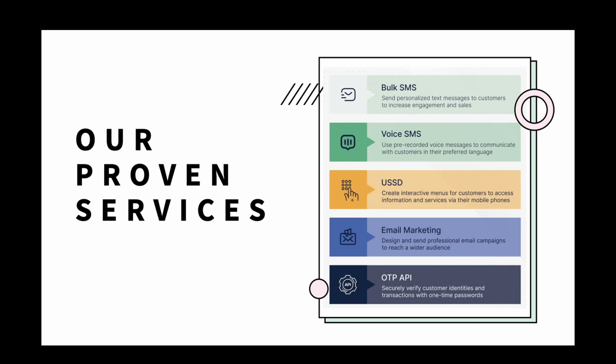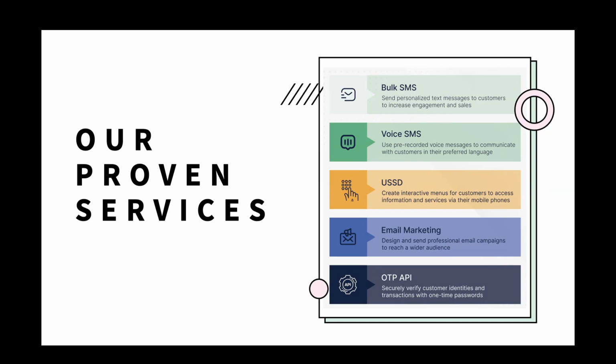For those of you who probably do not know how voice SMS works, it's basically playing back a pre-recorded voice message or audio message to people. So the system calls the number, and when the person answers, it plays back the audio message to them. And we have an API for that where you provide your audio, the phone number, and the system does the rest. We have USSD, which is the focus of today's webinar.